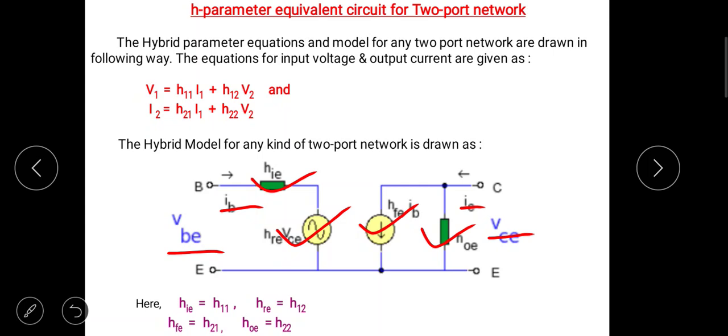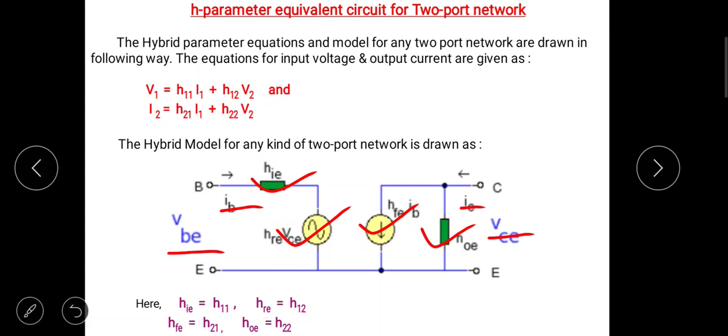Now again, on the bottom side of this slide, we can see HIE is nothing but H11. This HRE is nothing but parameter H12.